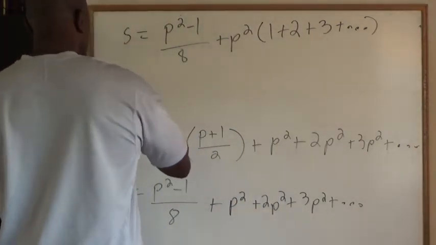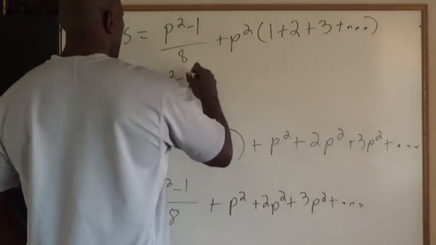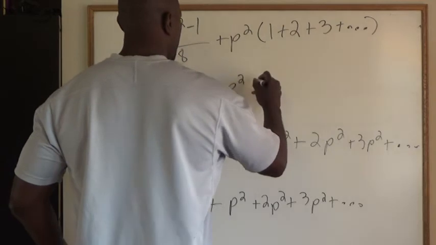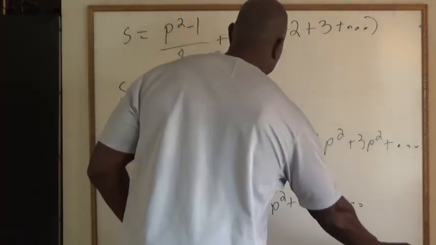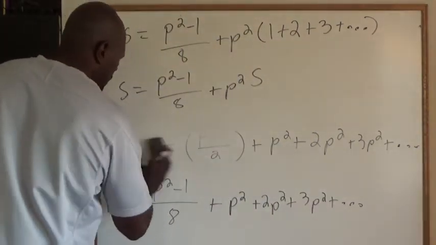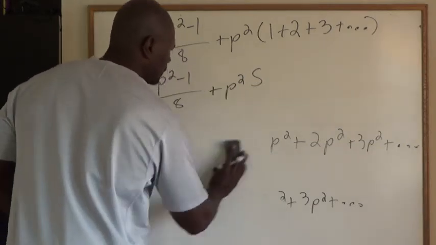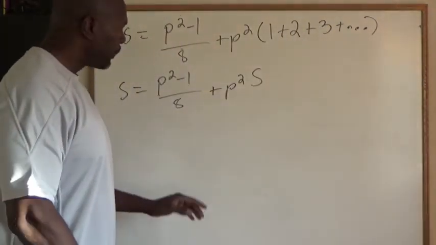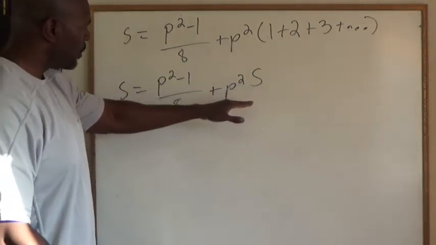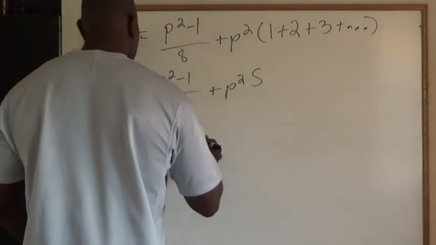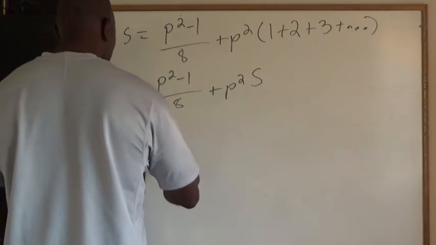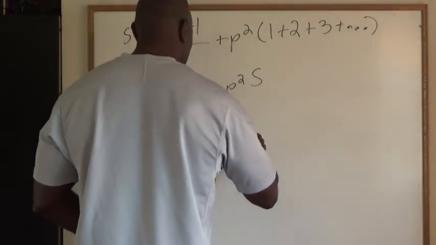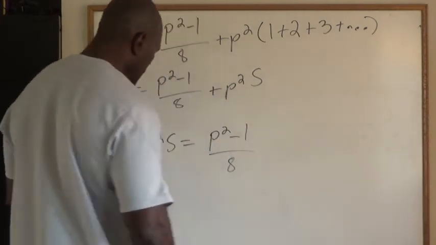So S is (p squared minus 1)/8 plus p squared times S. So now let's solve for S. Let's move the p squared S to the other side. It changes sign, so S minus p squared S equals (p squared minus 1)/8.